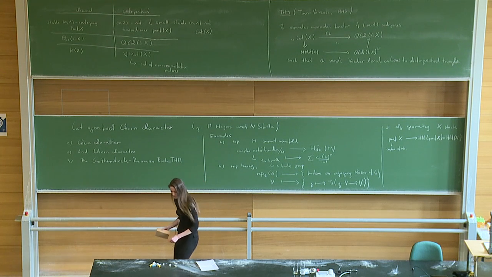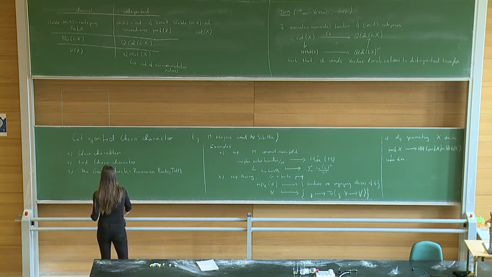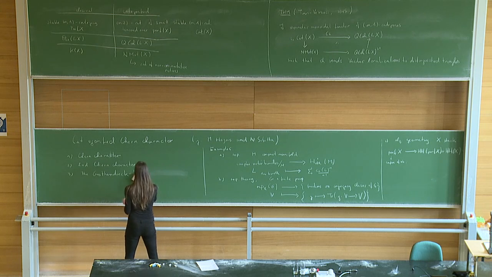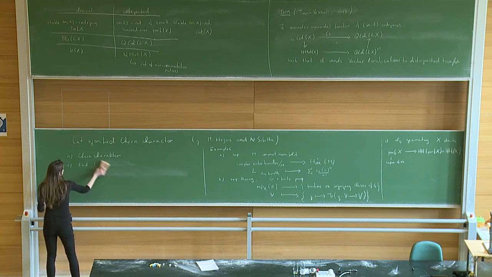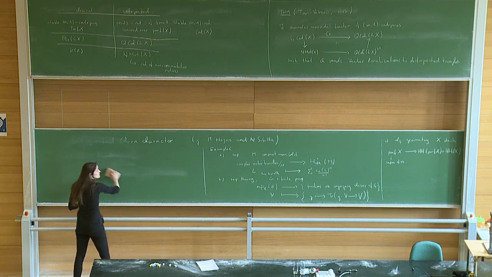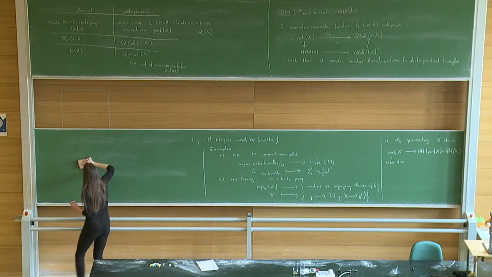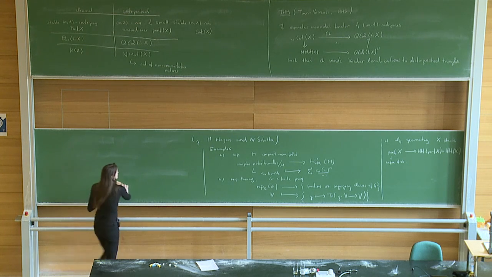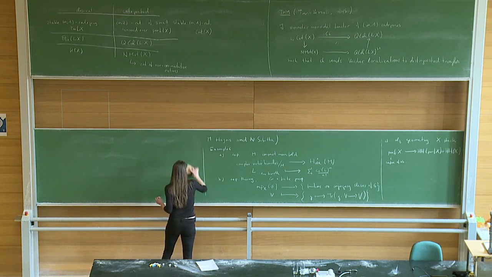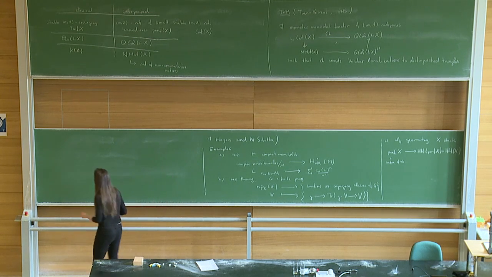Okay, so now to construct this functor, I will first go a step back and give you the main ingredient of constructions of Chern characters, which is dualizable objects and traces. So there are two main constructions, but both rely on the formalism of traces.